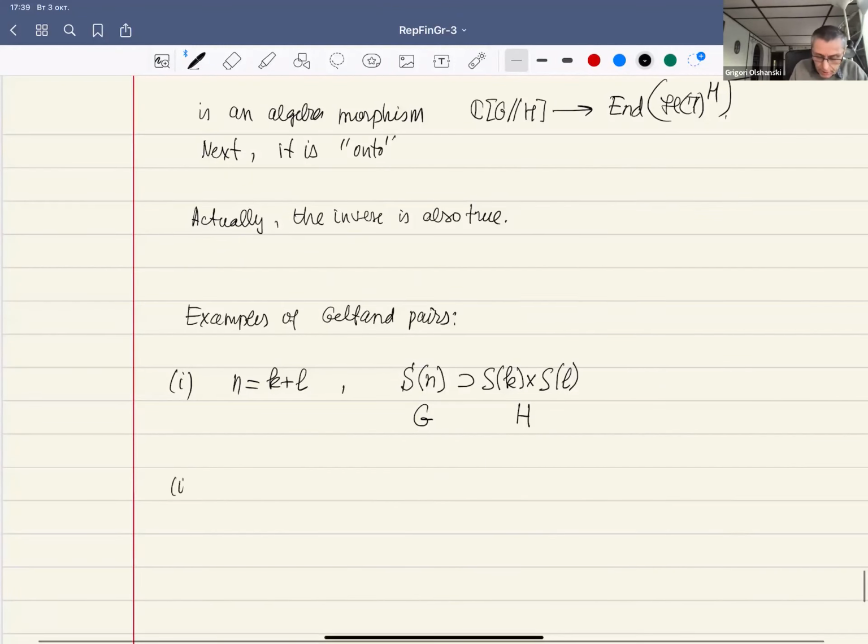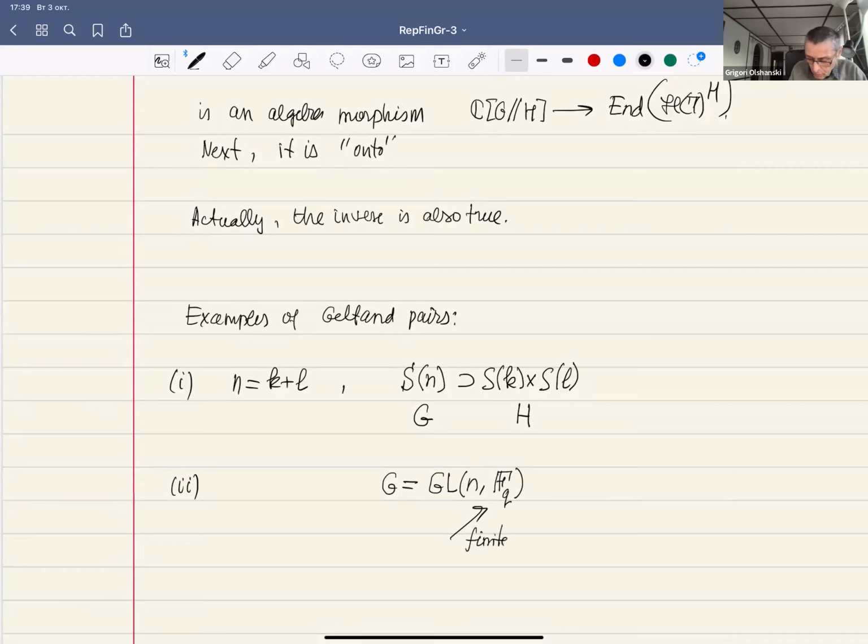One more example, actually related to this one, is as follows. Take as G the general linear group of a finite field. And take as H the so-called maximal parabolic subgroup.